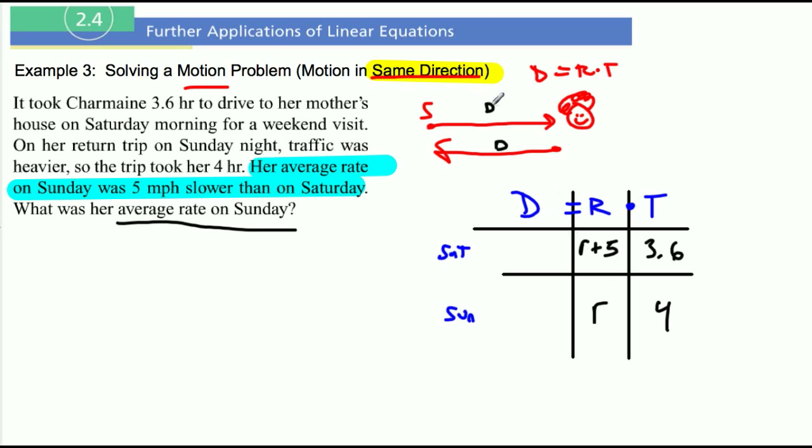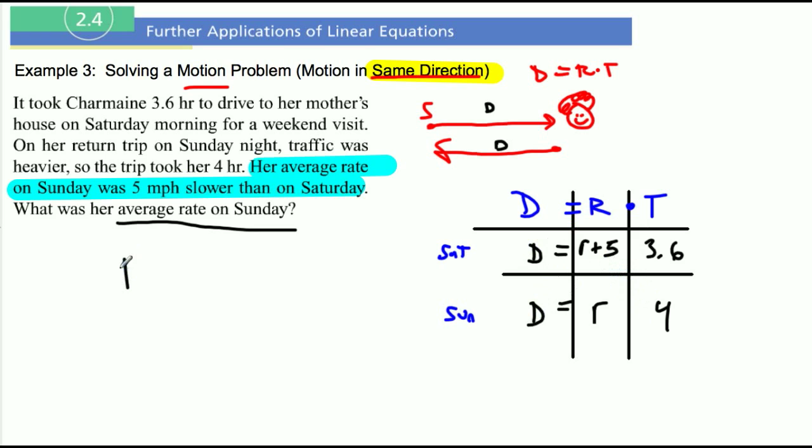Like I said, the distance on Saturday is the same as the distance on Sunday. They're the same thing. So if these two d's are equivalent, then these two are equivalent.